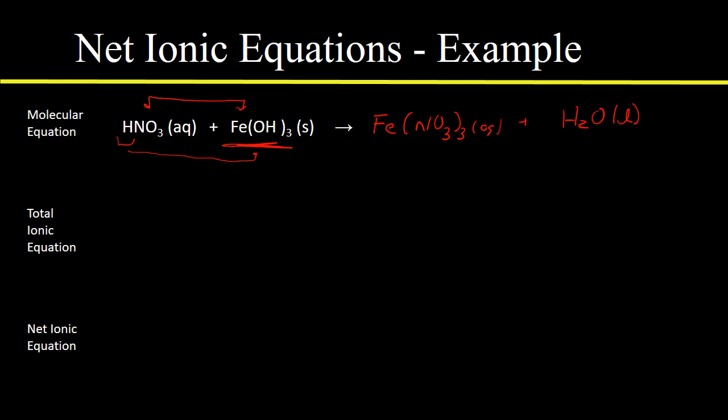And now we also need to balance this because we've got 3 nitrates over here. So we're going to have to put a couple 3s in there. I think that does it. Okay. All right. I was using red because iron hydroxide is a red colored compound, but I'm not sure it shows up all that well, so I'll switch to another one.